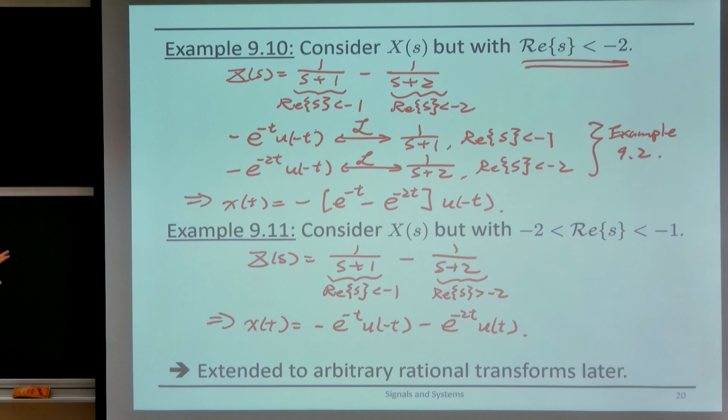These are just examples of how we can identify the time domain signal by looking at the patterns of the Laplace transform that we have. Now we got these results simply based on what we learned from examples 9.1 and 9.2.